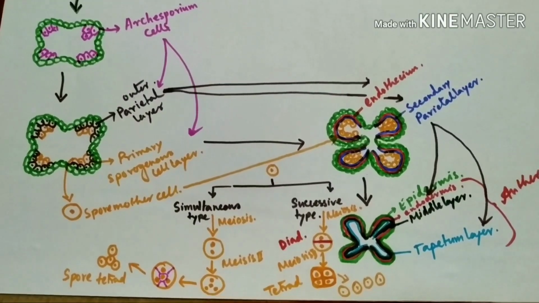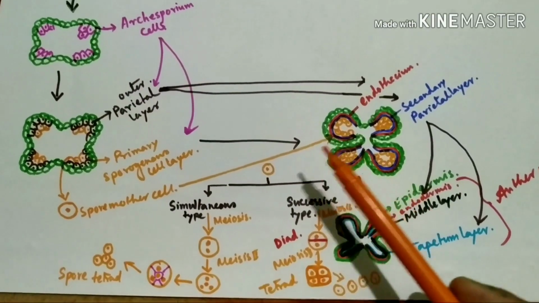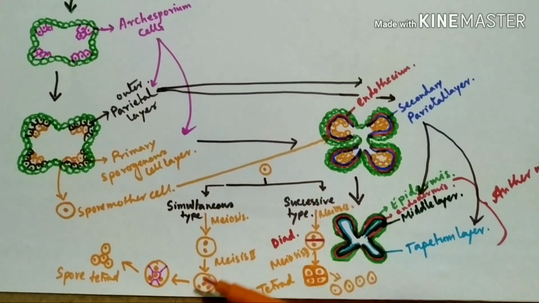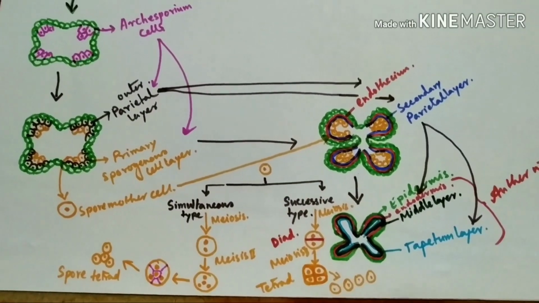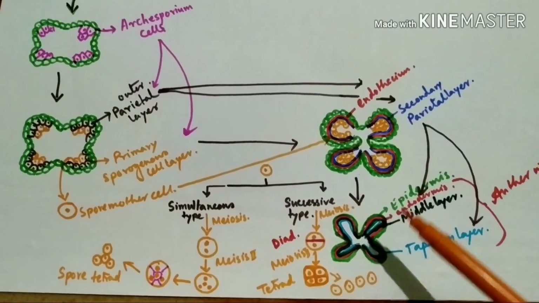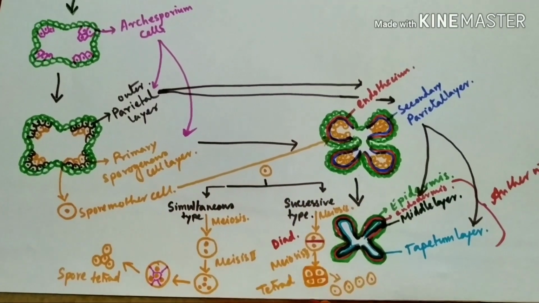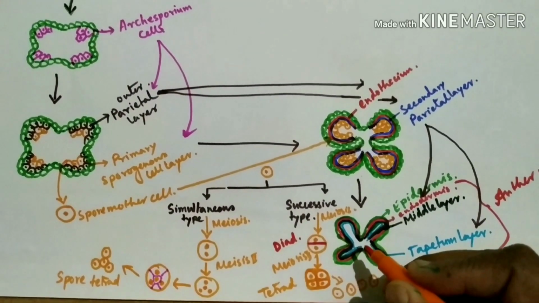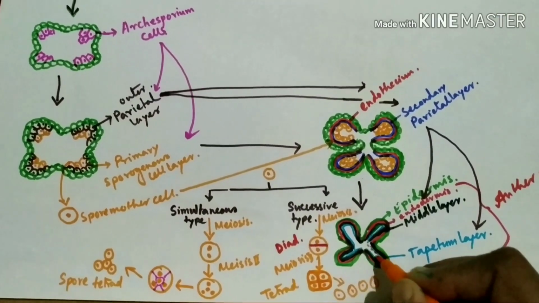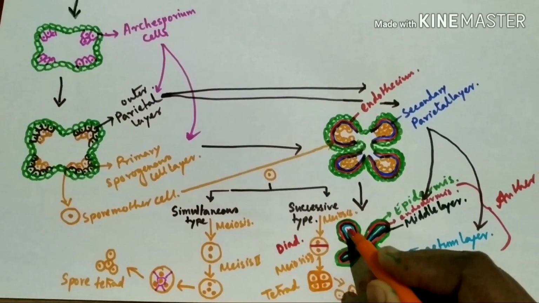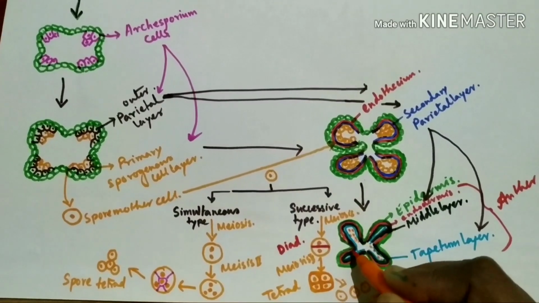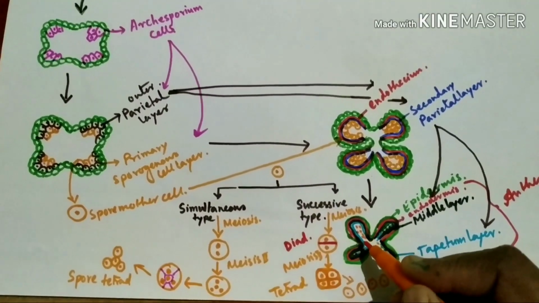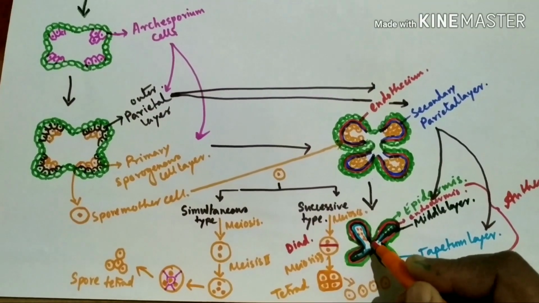So this process from microspore mother cells to produce pollen grains is called microsporogenesis. And these pollen grains stay in this portion. So this is the pollen sac, and here pollen grains stay, and here connective tissue is present.